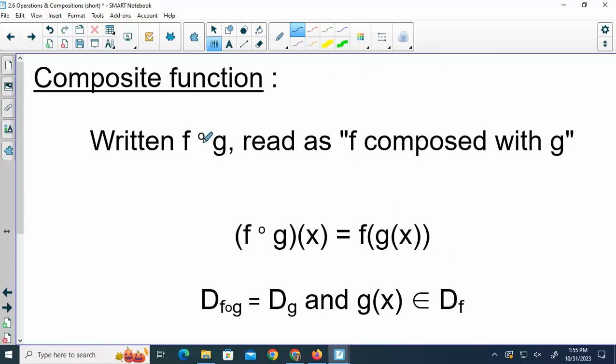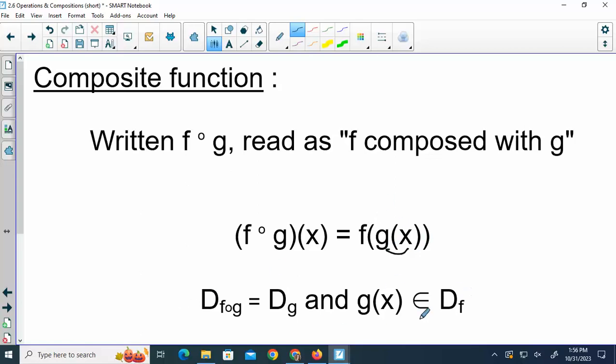You might see it with a little circle or with multiple parentheses. A composition is a way of telling you you are going to evaluate multiple times. You take a number, plug it into a function, get an answer, then take that answer and put it into the next function. We always work from the inside out. So first I would take x, put it into function g, take that answer, put it into function f.